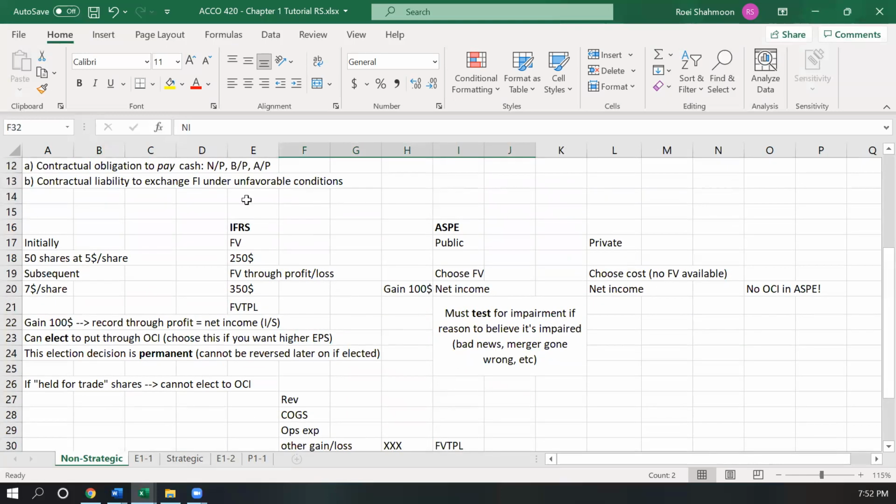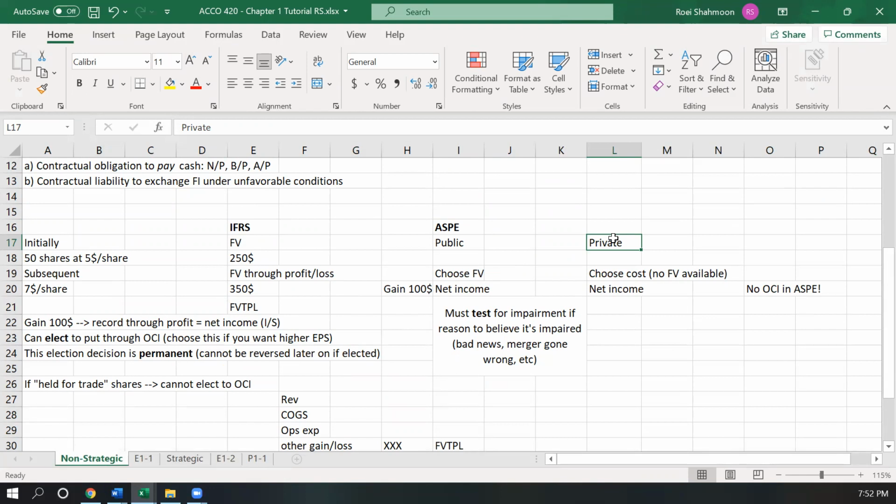Now with IFRS, public companies that did their initial public offering have to use IFRS. With ASPE, we have public, but we can also have private companies. Some of you are like, wait, what? How can I have a public ASPE-using company?